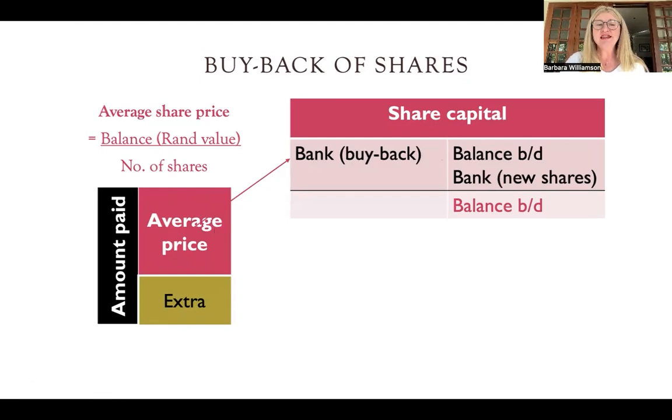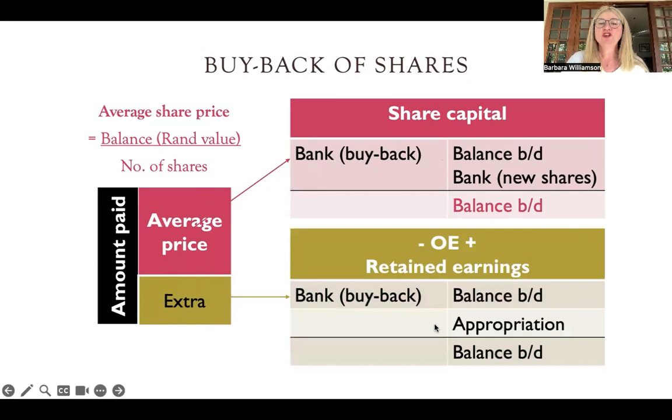In reality, there will probably be an extra amount that is going to be paid because hopefully the share price has increased over time, which means that we're going to have to take that out of retained earnings. Remember, retained earnings is the profits that we've made over time after all the dividends and tax, etc. And so that is a place where we can pull the extra from.